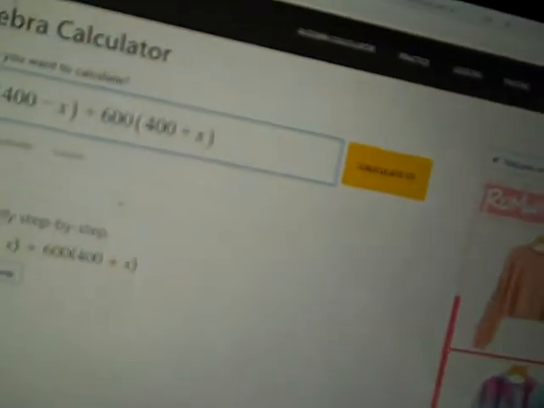And then over here you have to take 4 times the quantity 400 plus x times the quantity 400 minus x. I get negative 4x squared plus 640,000.